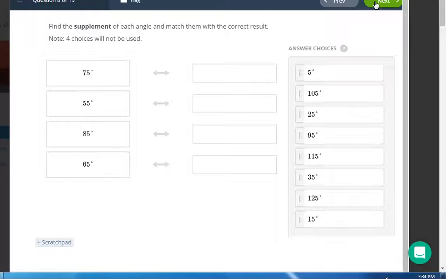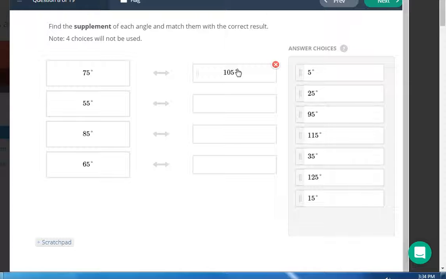Okay. So it says find the supplement of each angle. So we're looking to do basically 180 minus each one of these. So 180 minus 75, that's going to get me 105.